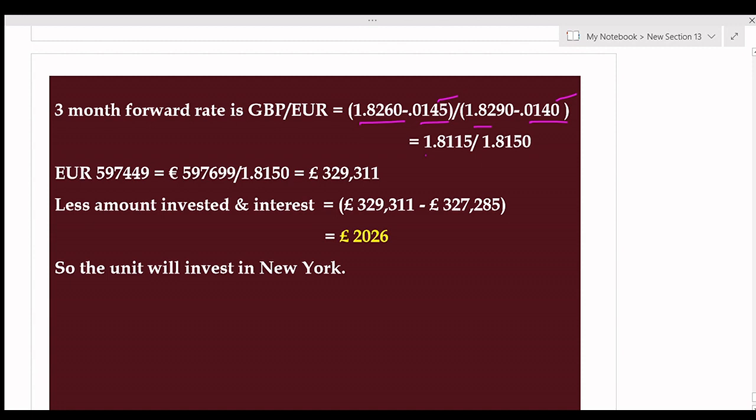That is why it is called a discount, so it will be deducted. You will get 1.8115 and 1.8150.